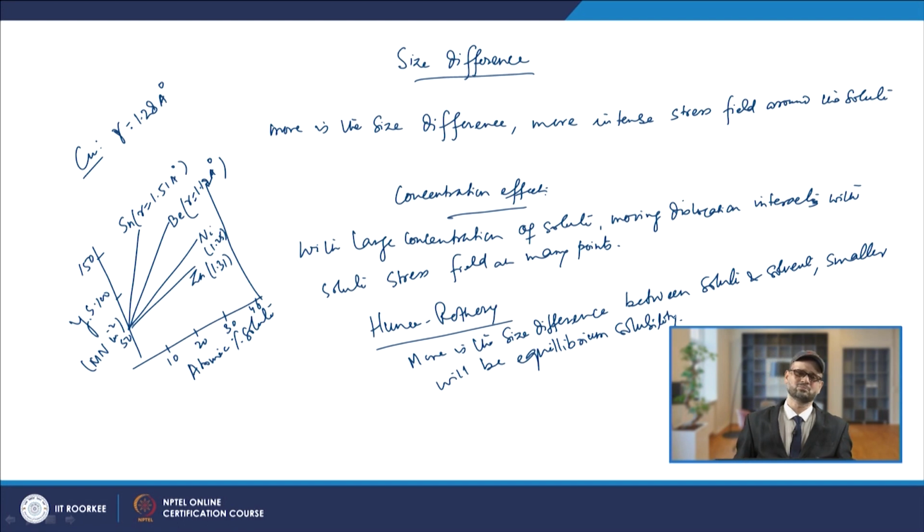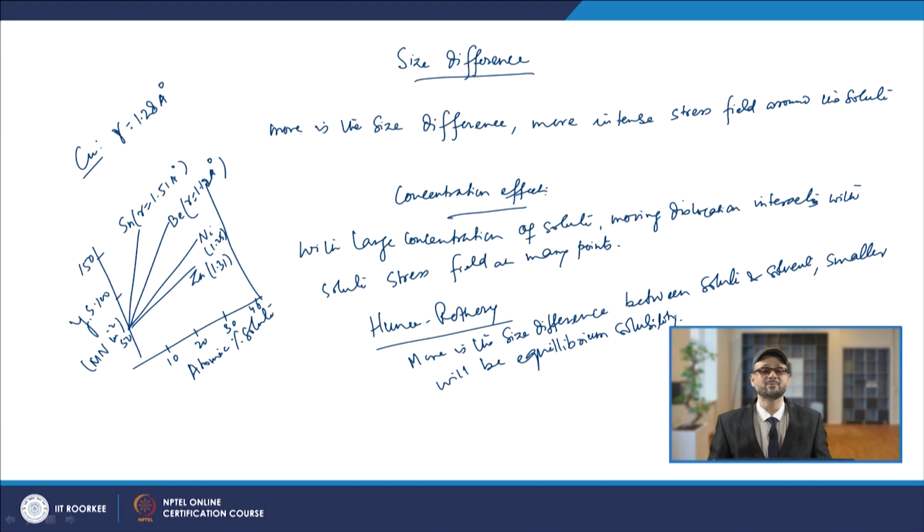Another effect of size difference, apart from these substitutional solutes: there are basically two things. One is the substitutional solid solution, when the two atoms we are using, solvent and solute atoms, are of comparable sizes, and the size difference is not very high.